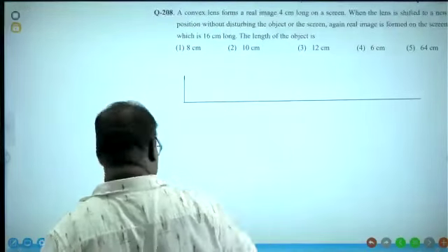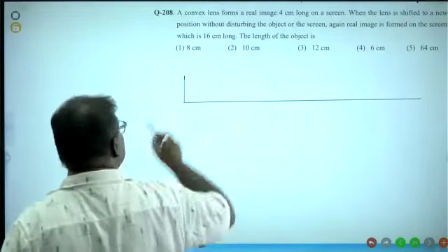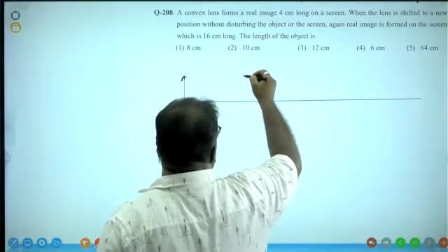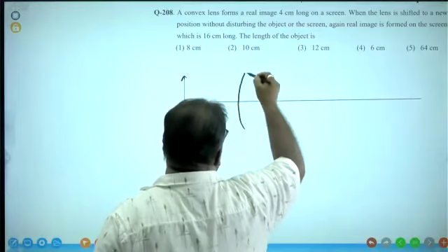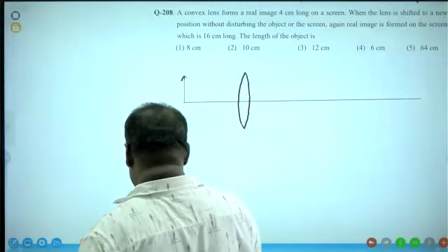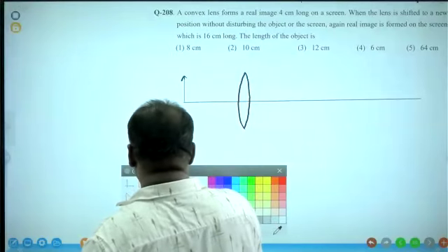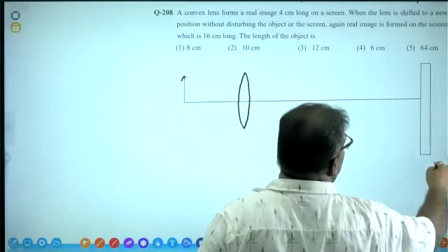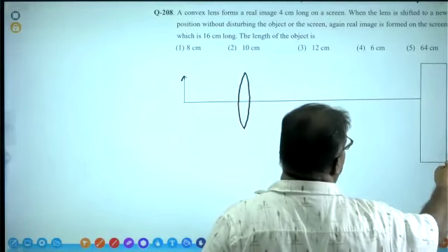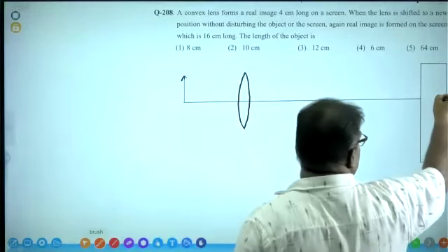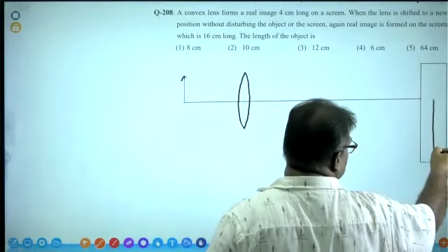This is the point of the object. If you keep the lens right here, the image will be formed on the screen, right here. It is a magnified image.